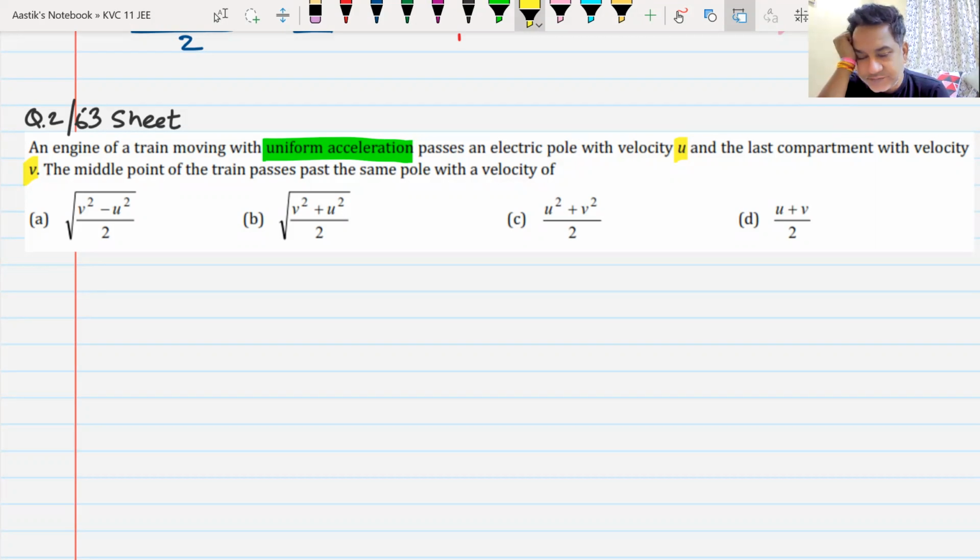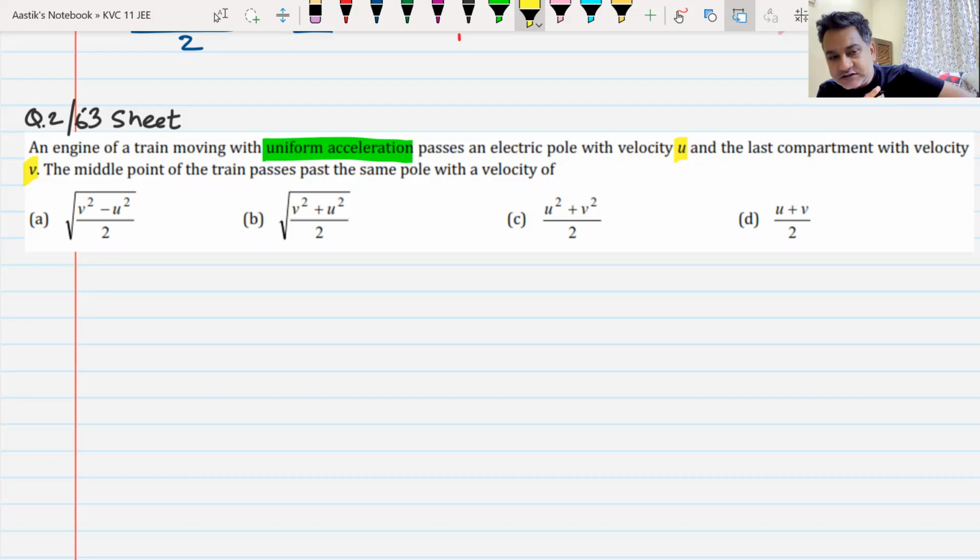What about this question? Everyone back now? The engine of a train moving with constant acceleration passes an electric pole with initial velocity, or with velocity u. The last compartment passes with a velocity v.